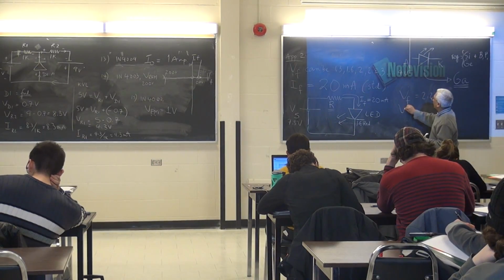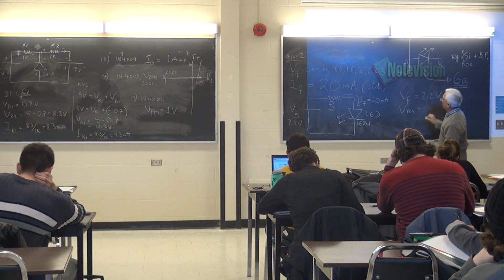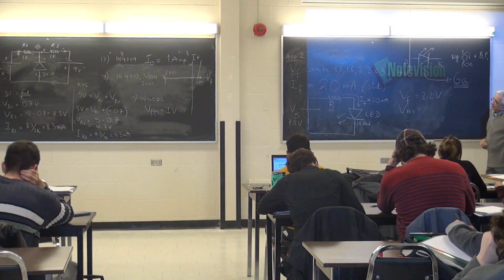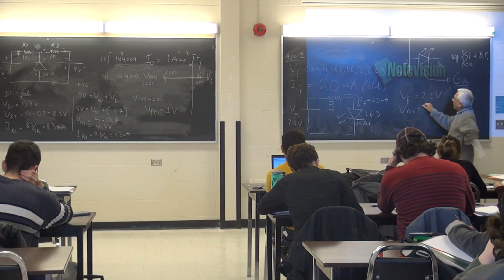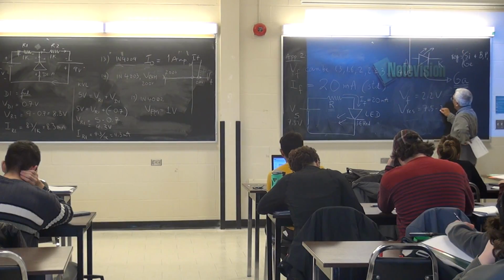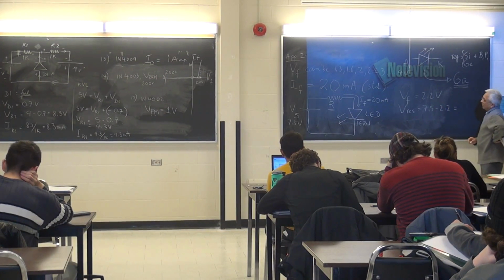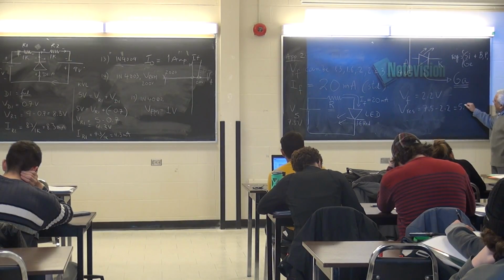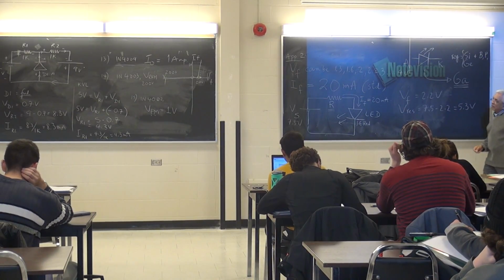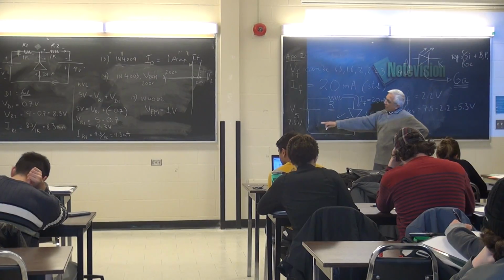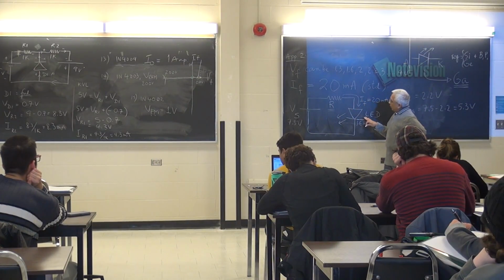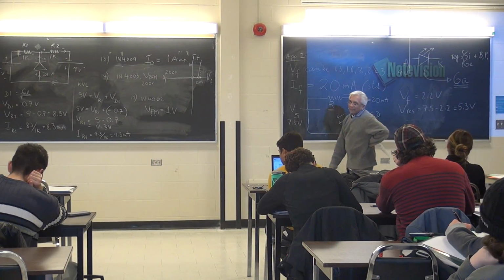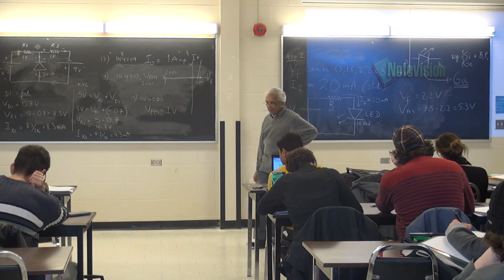So how much is the voltage at the resistor? Is it 7.5 minus 2.2? How much is that? 5.3 volts. So given the supply voltage is 7.5, 2.2 here, the voltage at the resistor would be 5.3 volts.